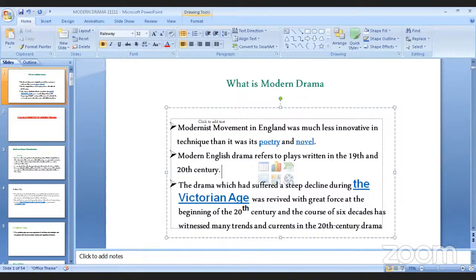Since the Elizabethan era, drama or playwriting was a popular form of literature and art, with Shakespeare as the pioneer in England. But over the years, changes in social and political atmosphere brought about many modifications in the genre of drama.